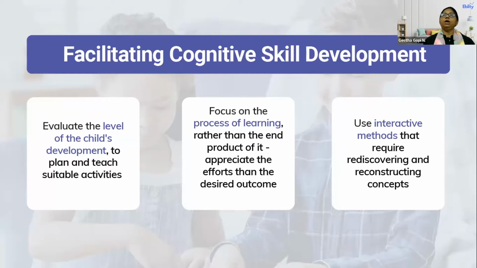So you have to have a holistic view of the child's current level of functioning, and based on that you can plan activities accordingly. And as we said, cognitive development is a bigger cover for all the other skill development. So all that has to be stimulated hand in hand so that it facilitates cognitive skill development.